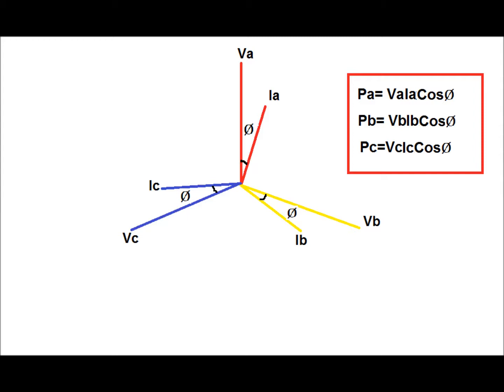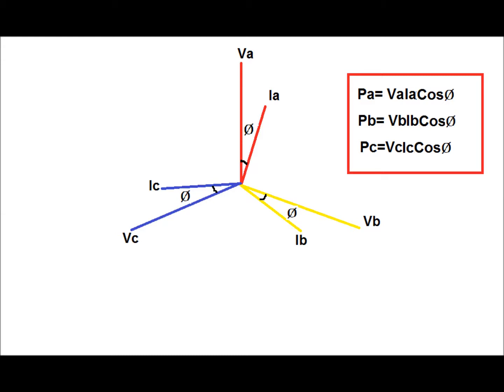The phasor diagram for a three-phase circuit has been shown in this diagram. Here VA, VB and VC are the three-phase balanced voltages for the red, yellow and blue phases respectively, and IA, IB and IC are the red, yellow and blue phase currents respectively, and the phase angle is phi.